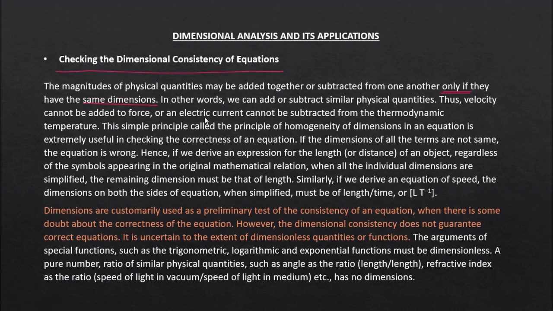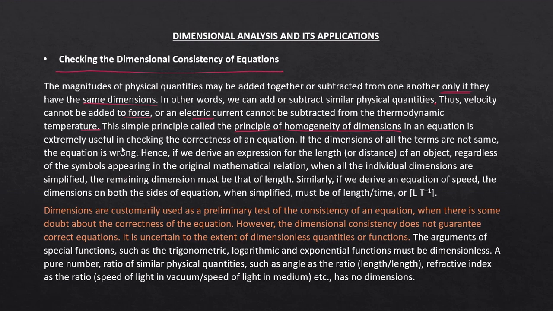Okay. In other words, we can add or subtract similar physical quantities. Thus, velocity cannot be added to force, or an electric current cannot be subtracted from thermodynamic temperature. So, in order to add electric current to something, that should also be of the dimension of the current itself. This simple principle is called the principle of homogeneity of the dimensions in an equation.